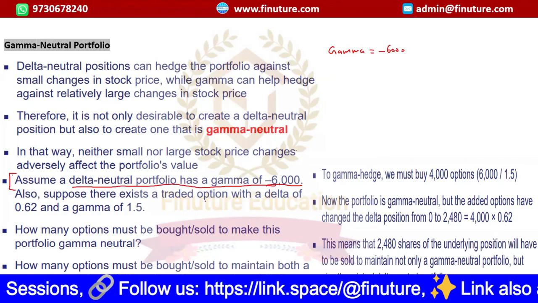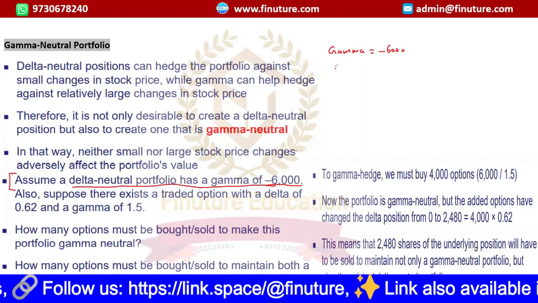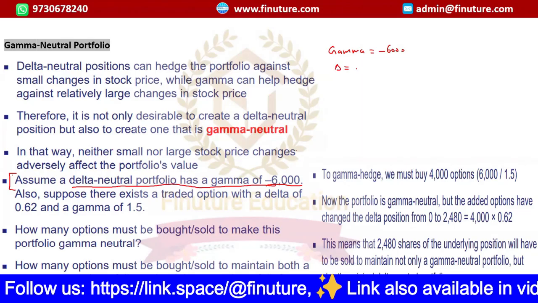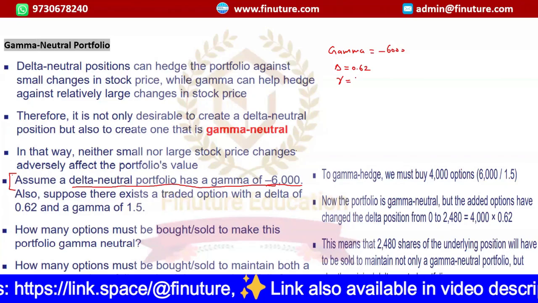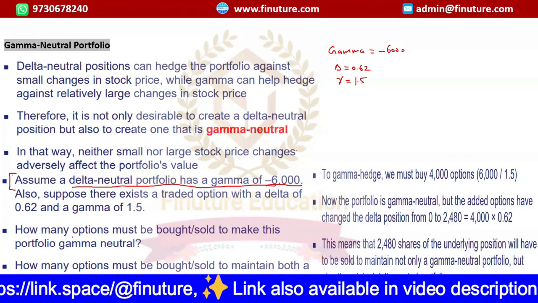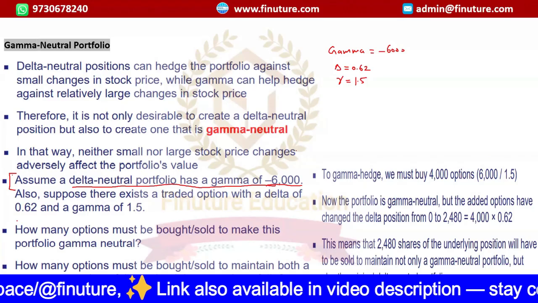You are given that there is a traded option with a delta of 0.62 and gamma of 1.5. How many options must be bought or sold to make this position gamma neutral?